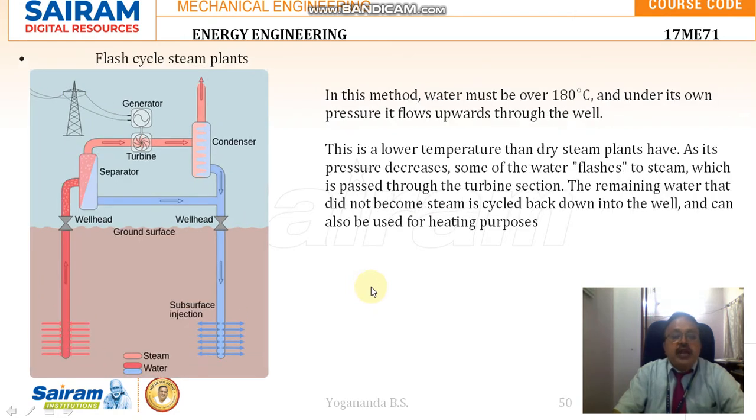Then flash cycle steam plants. Here the water is at a temperature of 180 degrees centigrade. Under its own pressure, it flows upwards through the well.